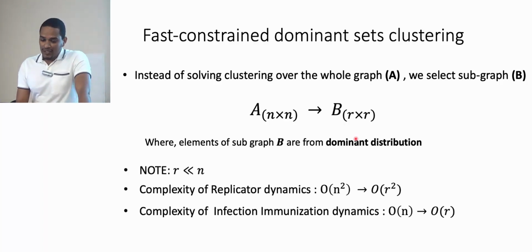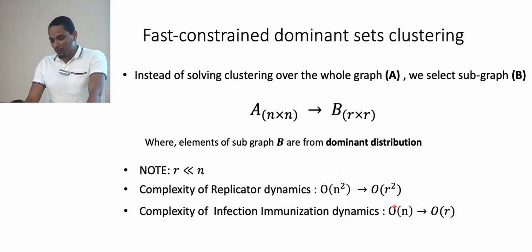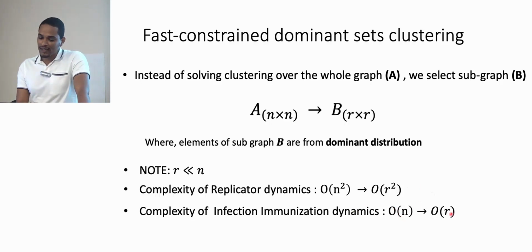If we are able to do that, solving a dominant set from a smaller graph, we reduce the computational complexity of, let's say, replicator dynamics from order of n squared to order of r squared. Similarly, infection immunization will drop from order of n to order of r. Note that r is much, much smaller than n because it's a subset of n.